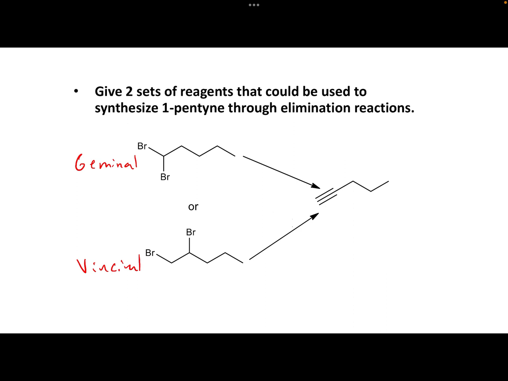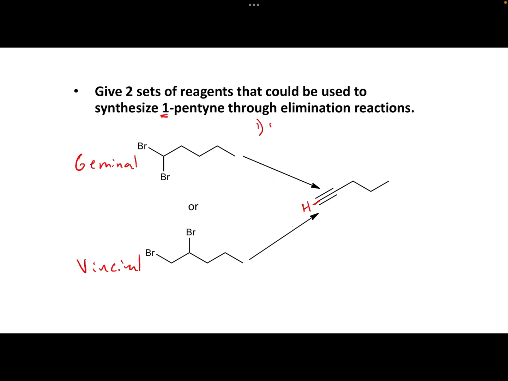One of the sets of reagents that we really emphasized this semester was using sodium amide. If we look at our 1-pentyne structure, we can see that it is in fact a terminal alkyne, which would have been hinted at from the 1.